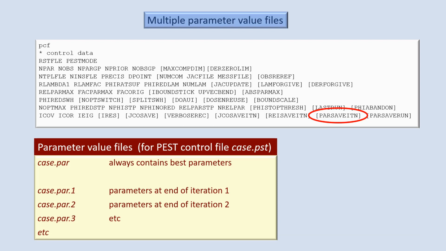If you do this, then as well as case.par, which will always contain the best parameters, PEST will leave a series of files which contain the best parameters at the end of each iteration, case.par.1, case.par.2, etc. If you're undertaking SVD-assisted parameter estimation, these files are named case.bpa.1, 2, 3, with case being the file name base of the base parameter PEST control file.